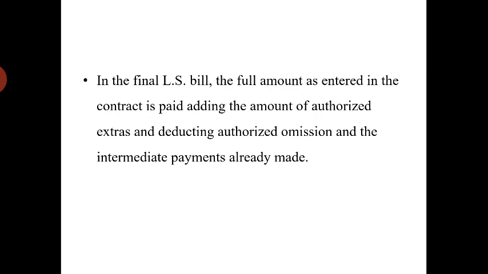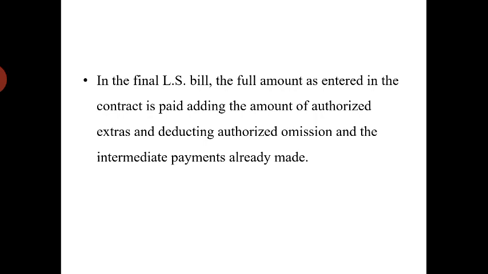It means that whatever extra things you are adding on the site, approval has to be taken for the execution of the bills. Otherwise nobody will sanction the bills, and it has to be verified by the section officer as well as the third party inspector. And deducting the authorized omissions and the intermediate payments already made.